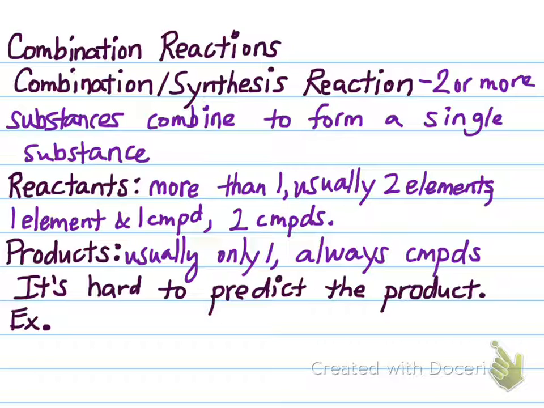Combination reactions, it's really hard to predict what the product will be. So typically what that means is that most times you will not be given the reactants and asked to say what the product is going to be. You will be asked to do that for many of the other types of reactions, but not typically for combination or synthesis reactions.